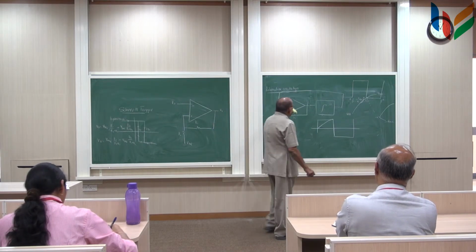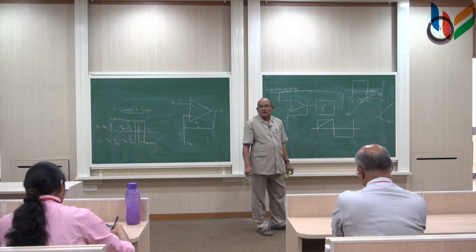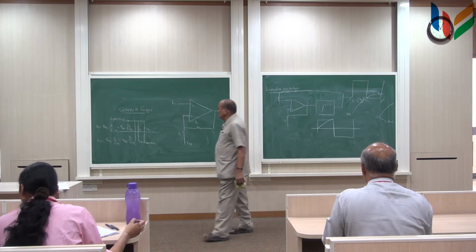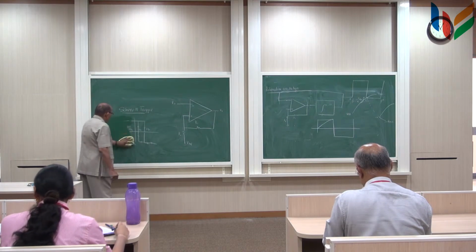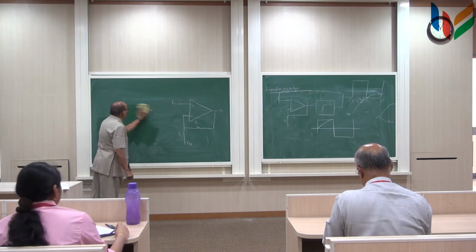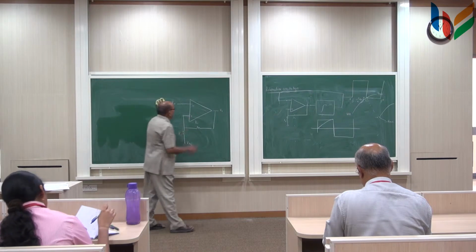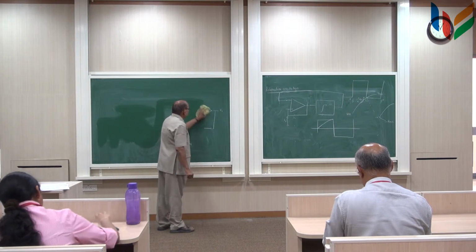So, this is another simple way of generating a relaxation circuit, which will give you square as well as triangle, or a pulse waveform as well as a triangle.